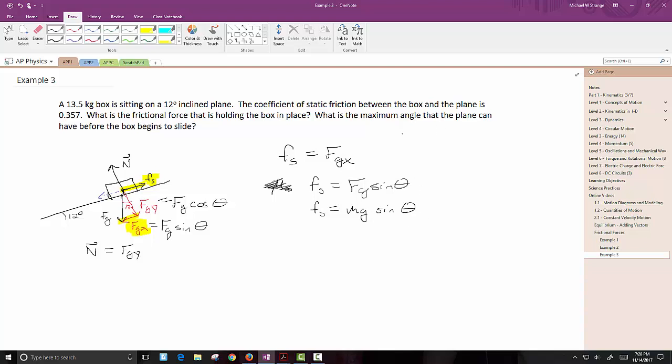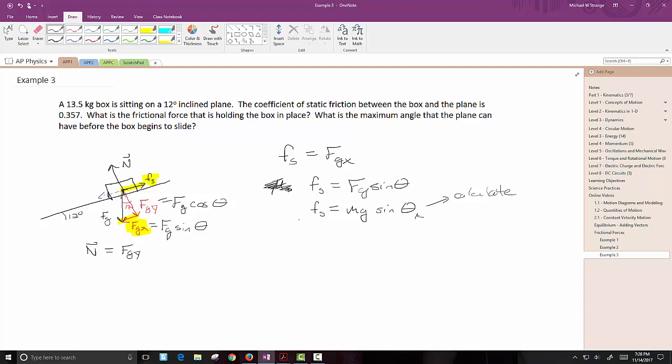But then the second one is like, what's the maximum angle that the plane can have before it begins to slide? So now we would want to know, what angle. So using the same equation, this one, you would substitute and calculate for the first part. But now I'm going to keep working, because what I want to do is determine the angle, the max angle.